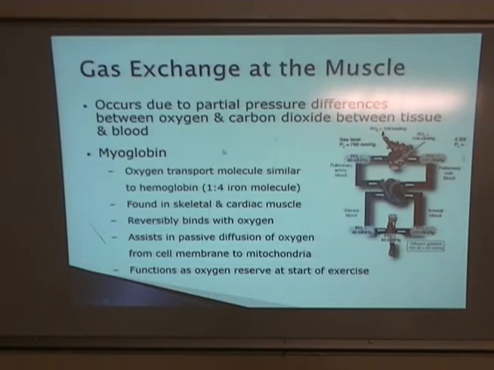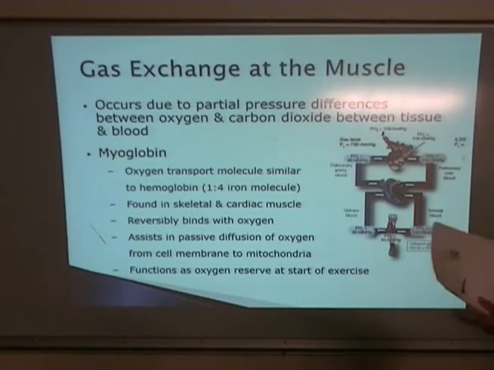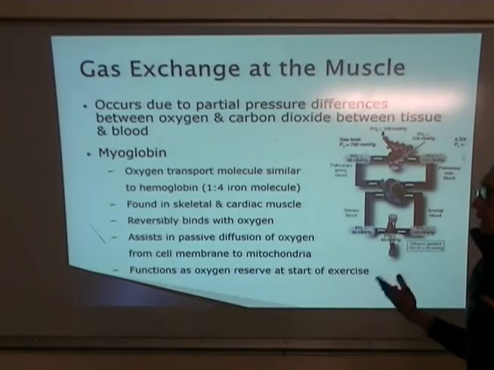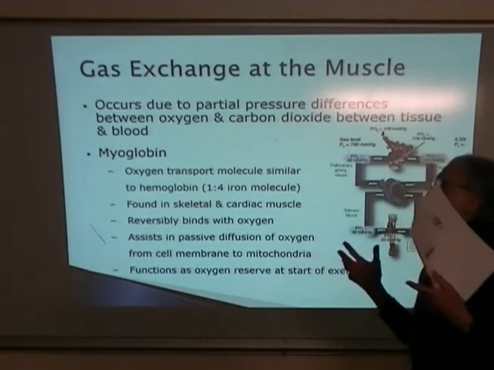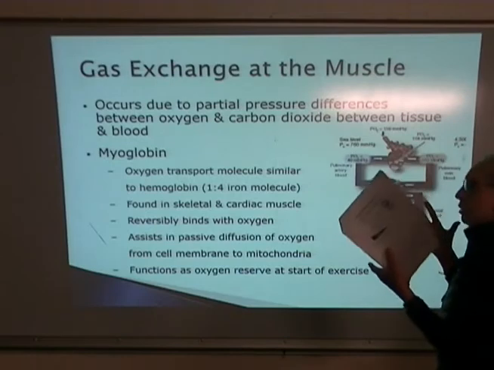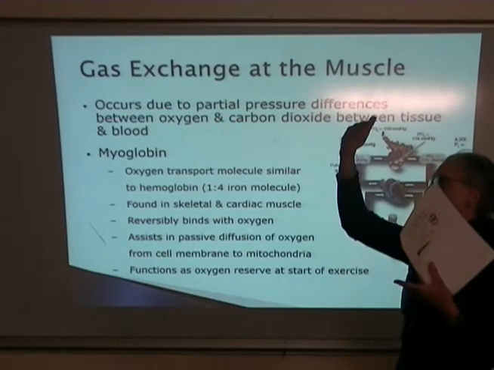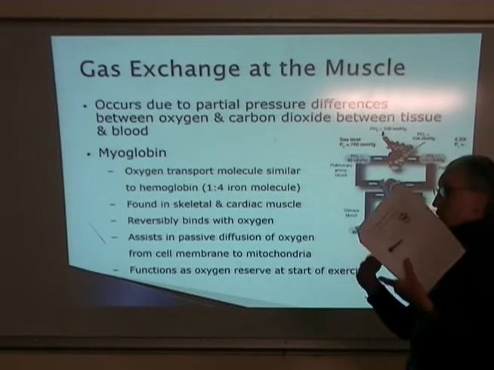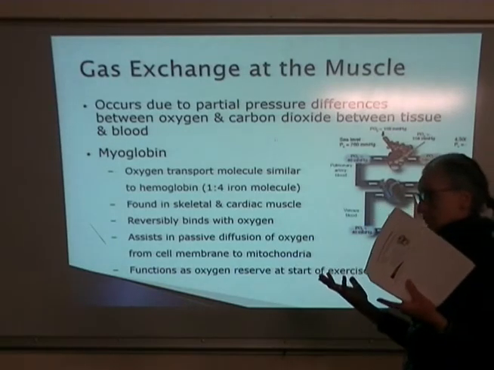Now, let's go back to our oxygen picture. Once we've got the oxygen into the muscle tissue, we still haven't got to the end of the picture, because we said at the beginning of the semester when we were looking at the energy systems that we need the oxygen to pick up the hydrogens at the end of the electron transport chain so that the muscle tissue isn't turning acidic.